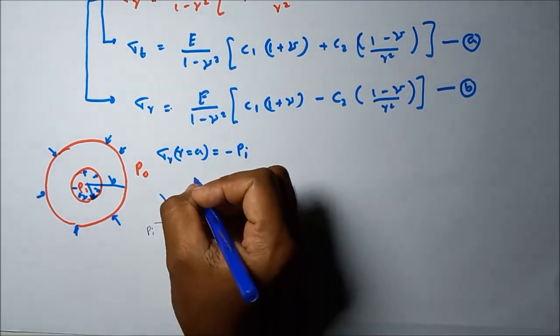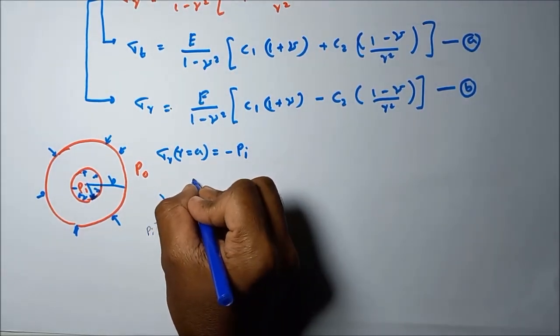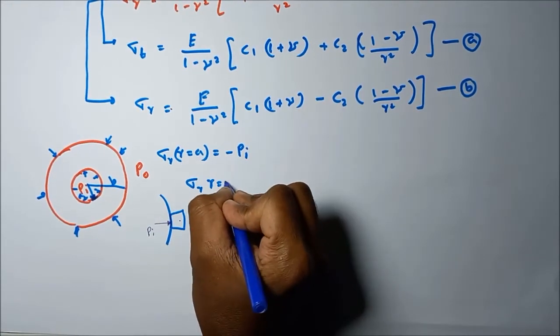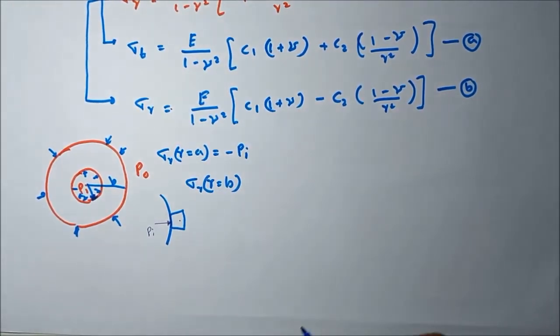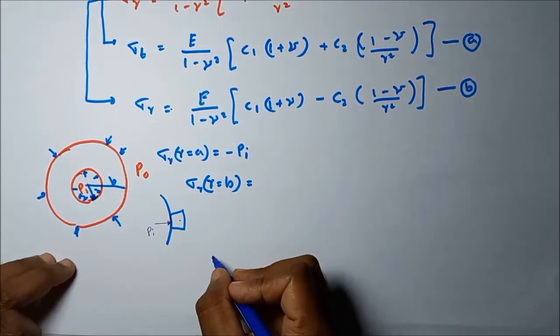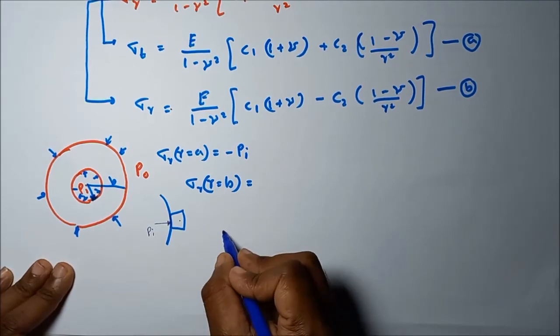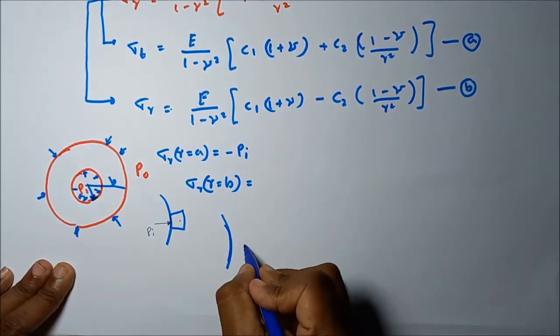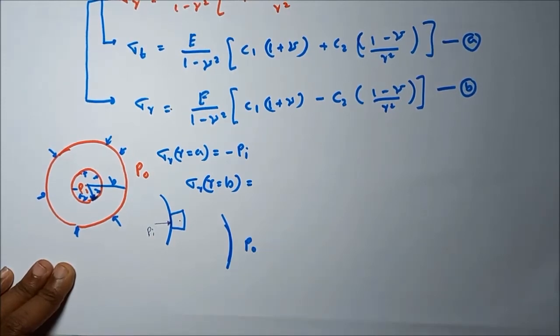Then if we take sigma R at R is equal to B, what is the value? What does R is equal to B mean? R is equal to B means the outer surface. If we take the outer surface like this, what is the pressure? P out. That is acting on this surface inward.